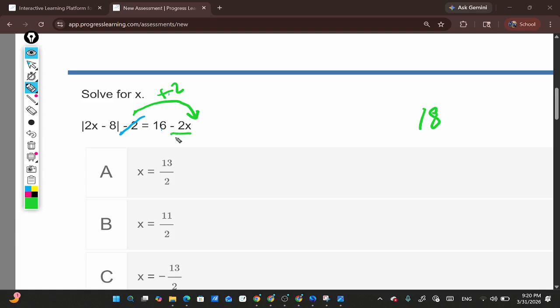But I still have negative 2x. So I can write negative 2x. Remember that you have the equality, so keep the equality. Now you are left with 2x minus 8 as absolute value.